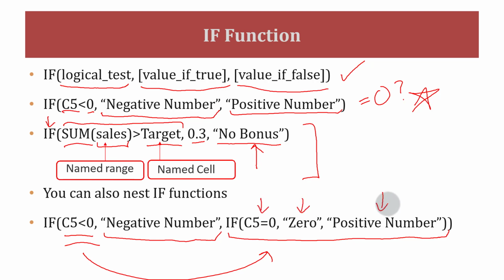If not, then it's a positive number. And you notice this way we've handled all three possible states of the number. If it's less than 0, it's negative. If it's equal to 0, our secondary if function will capture that and say that it's 0. And if it's greater than 0, then our secondary if function will capture that as well. And again, we'll get some practice with this with the worksheets that we'll do in a separate video.